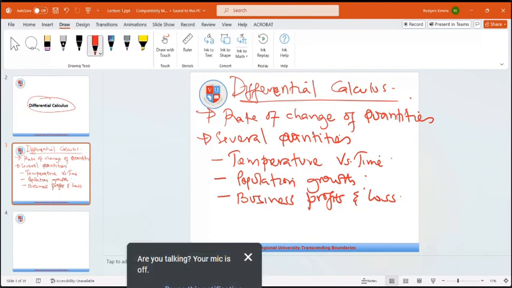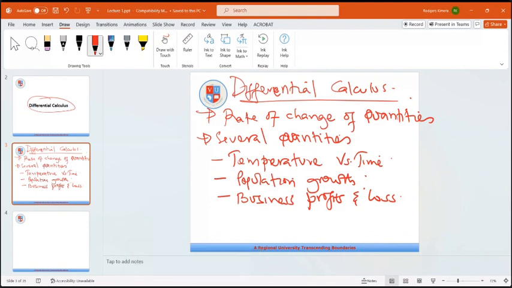A function can be expressed as f(x), g(x), g(t), h(x), among others. Like mentioned above, we can have a quantity of speed, expressed in the form of a function, and we want to understand how it changes over time.